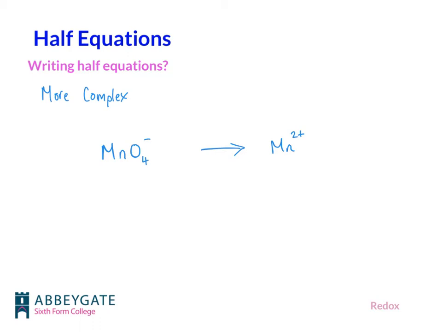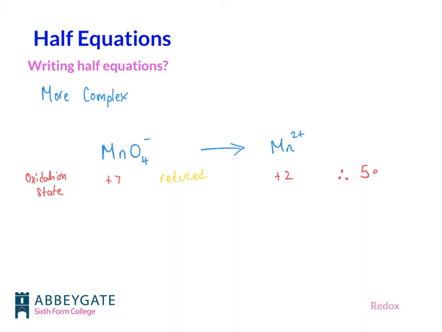So the first step in doing this is to work out the oxidation state of the main species. The main species here is clearly the manganese. If we work out what its oxidation state is on the left-hand side, we can see that we've got 4 oxygens, and that would add up to -8, but the overall charge has to add up to minus 1, so it'd be +7, and the other side would be simply +2.